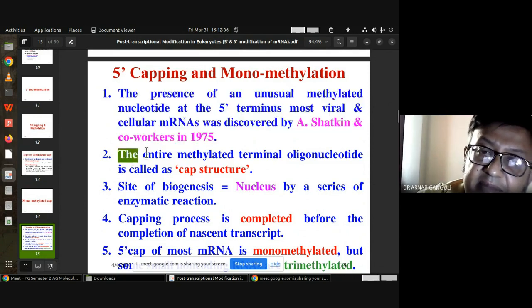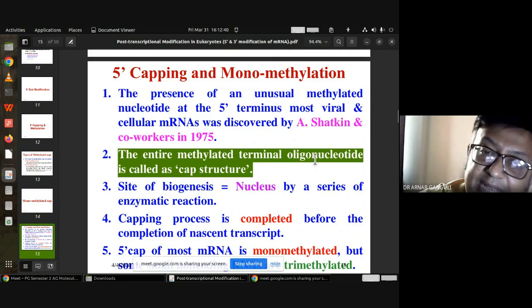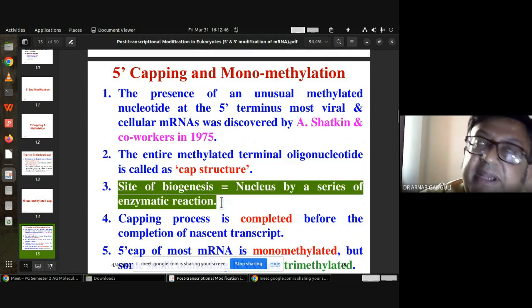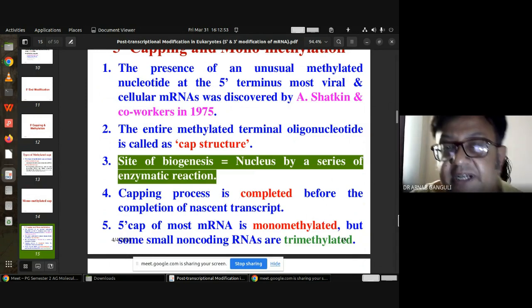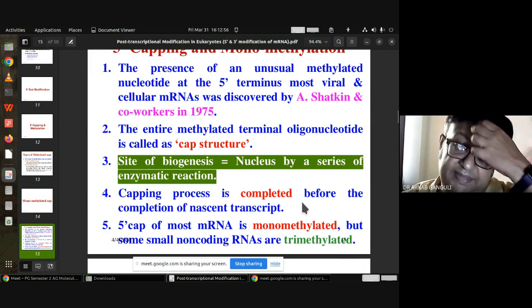So the entire methylated terminal oligonucleotide is known as the cap structure. The site of biogenesis is the nucleus, where a series of enzymatic reactions take place. The capping process is completed before the completion of the nascent transcript.